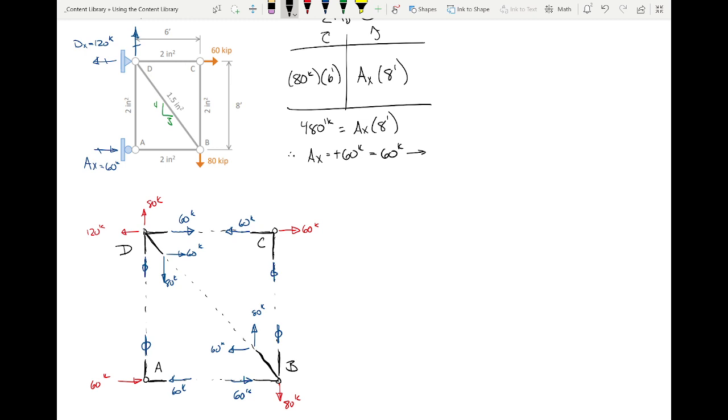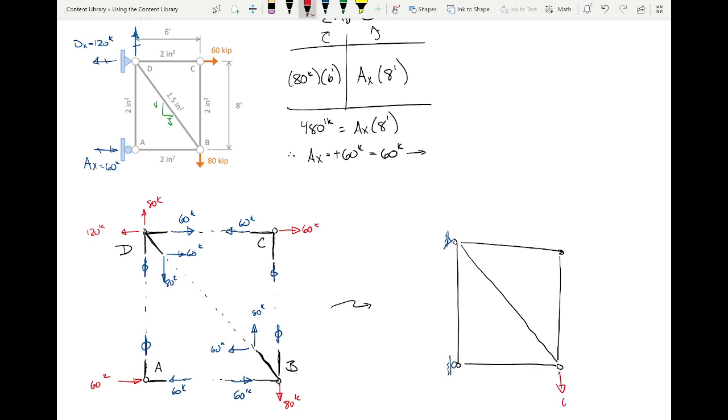So what we'll do is, just to summarize this, and I know it's not to scale, but that's okay. So, wait, that's 80, sorry.